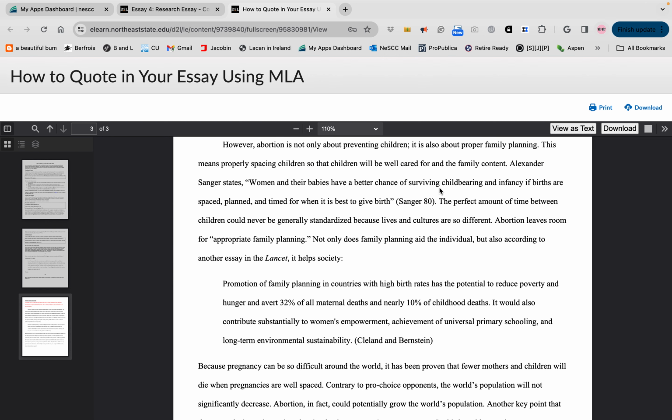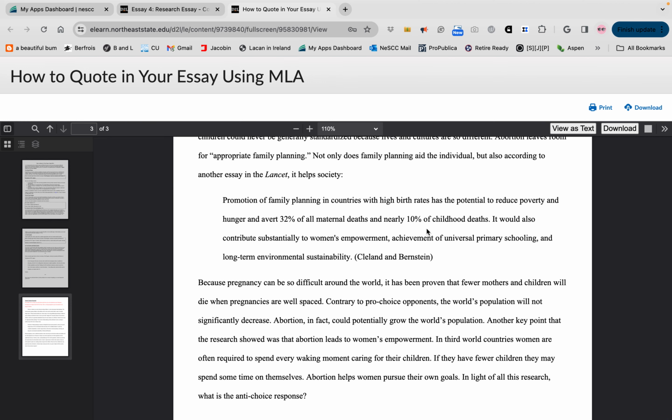So for example, this here, Alexander Sanger, and then the citation, indicates that all of this here is not an original thought or idea by the person who wrote this paragraph, but in theory, this is, because there are no citations here.